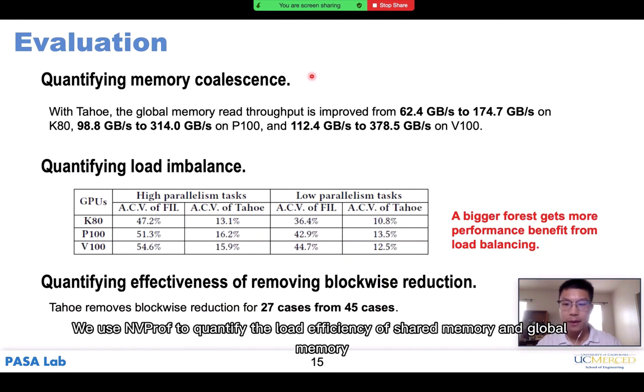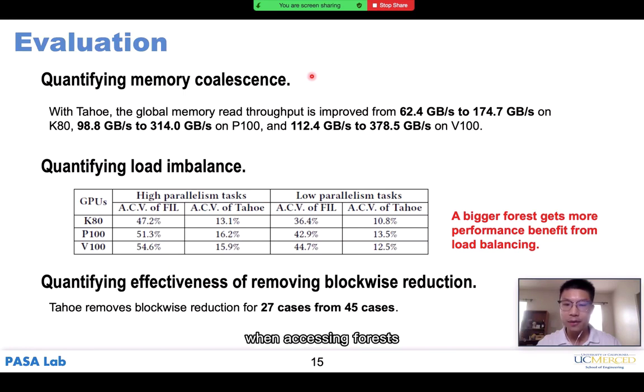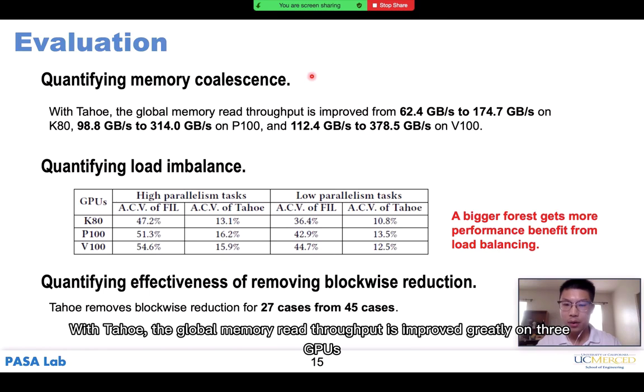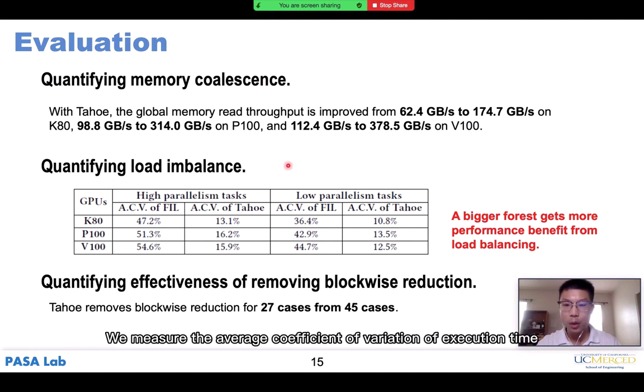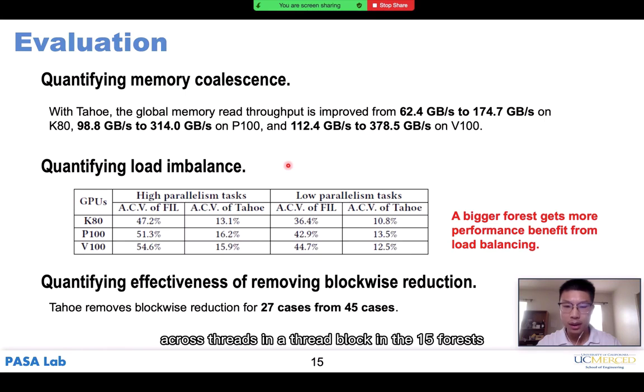We use NVProf to quantify the load efficiency of shared memory and global memory when accessing forests. With Tahoe, the global memory read throughput is improved greatly on 3 GPUs. We measure the average coefficient of variation of execution time across threads in a thread block in the 50 forests.